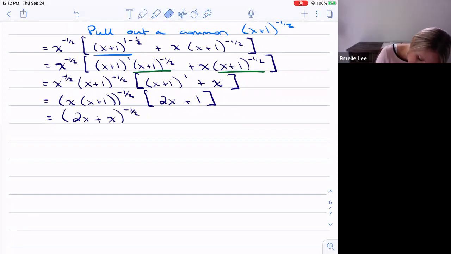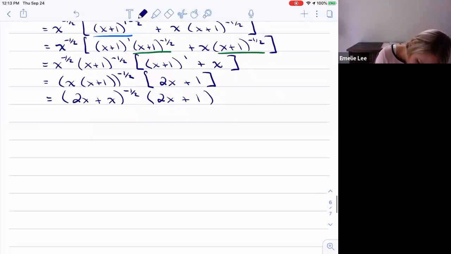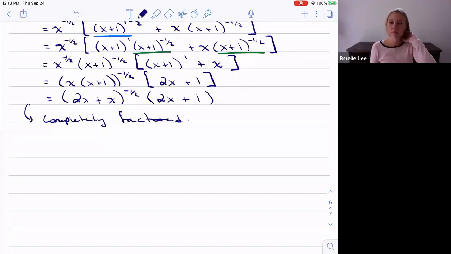And then I'll substitute square brackets for round brackets just so it's not so jarring, (2x+1). And that's it. So this would be completely factored. Completely factored. Or factored completely.